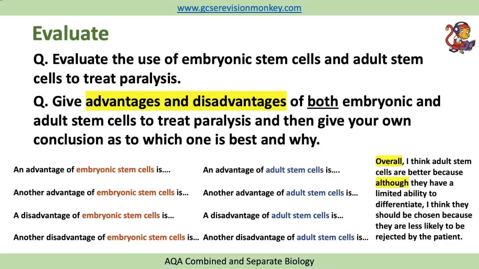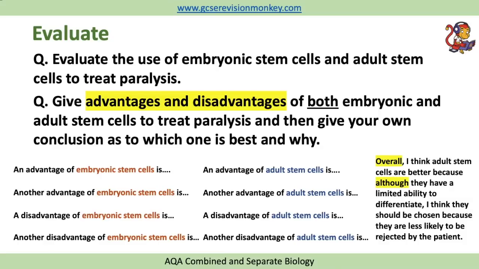So good to start with the word overall, and then also have the word although in there, because that gives it a justified conclusion. So for example, for this stance point, you could put overall, I think adult stem cells are better because although they have a limited ability to differentiate, I think they should be chosen because they are less likely to be rejected by the patient.